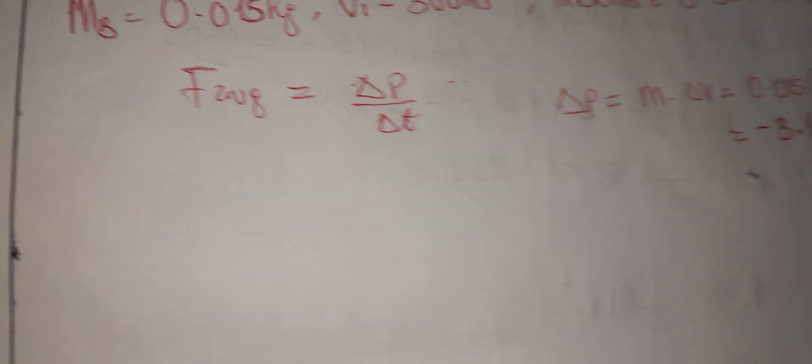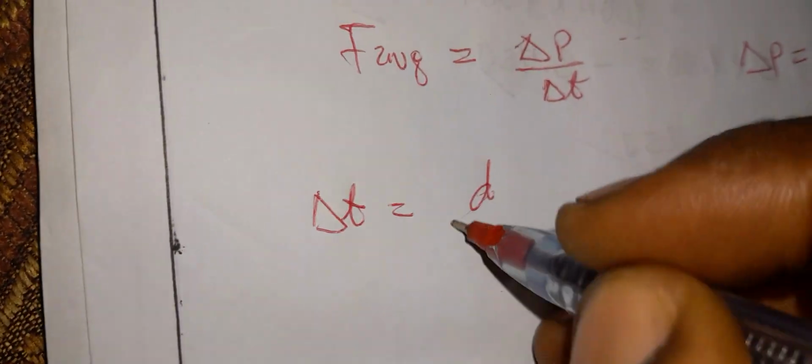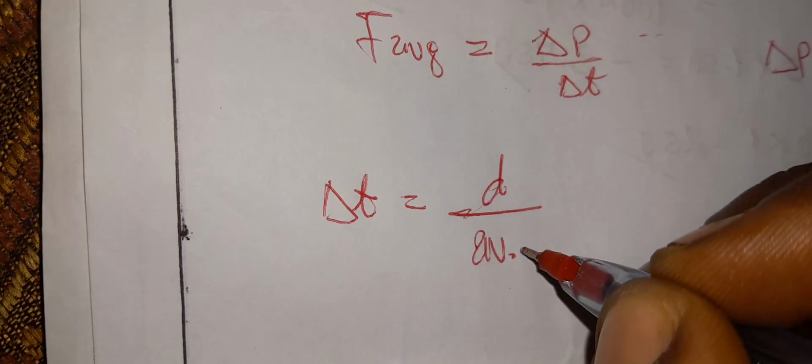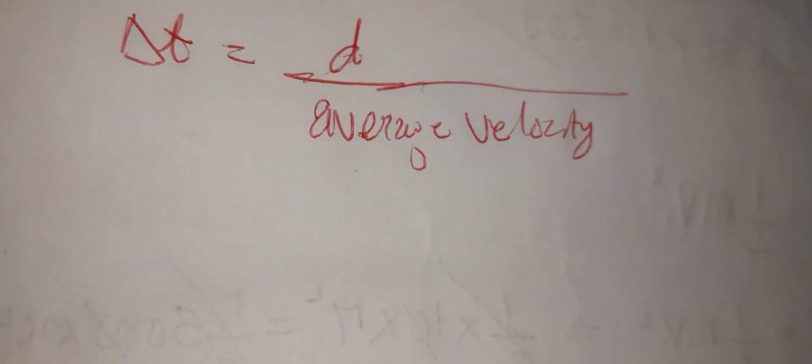Now let's talk about the change in time. The change in time will be the distance over average velocity. How do we get the average velocity?